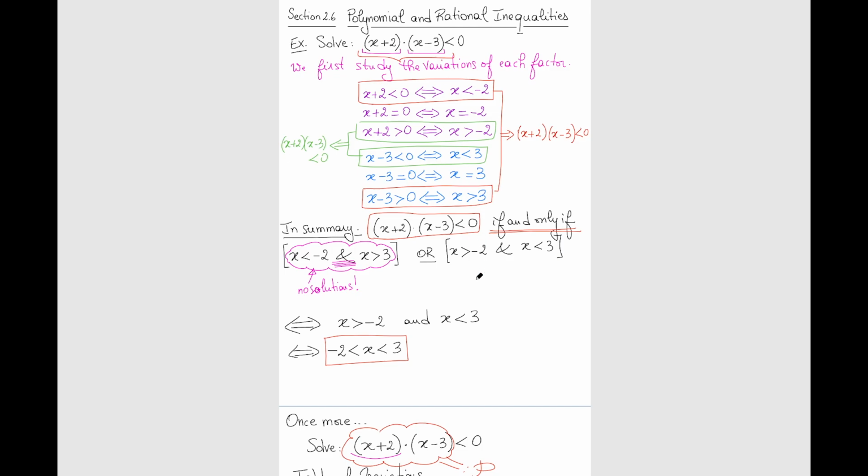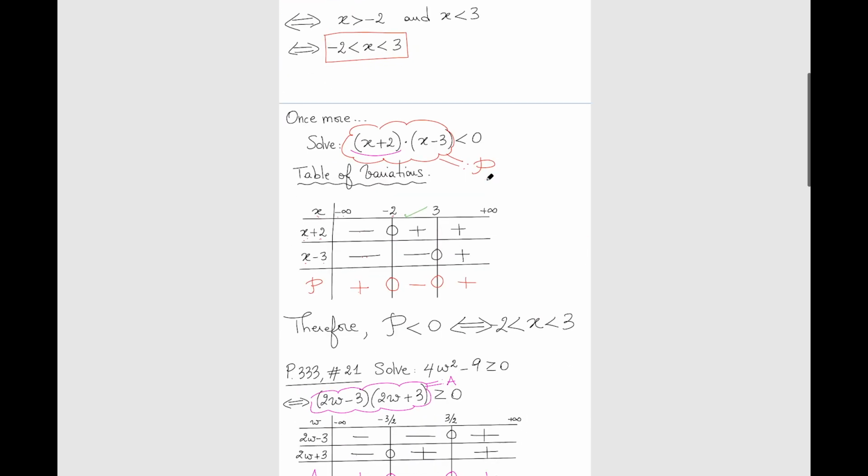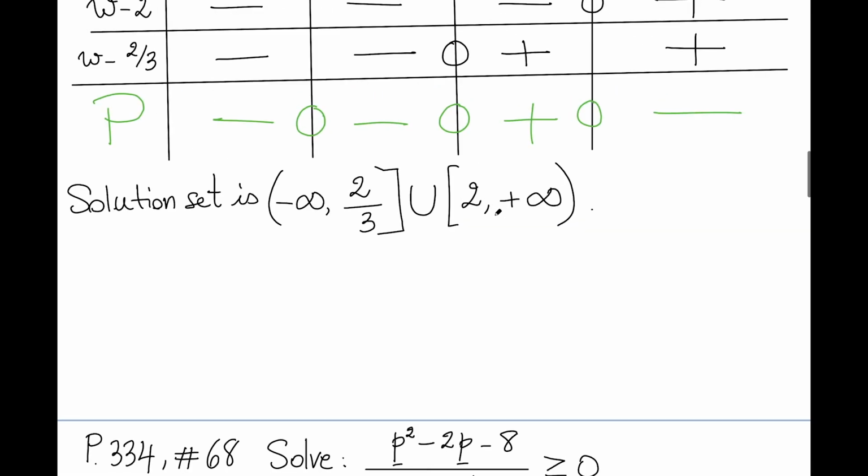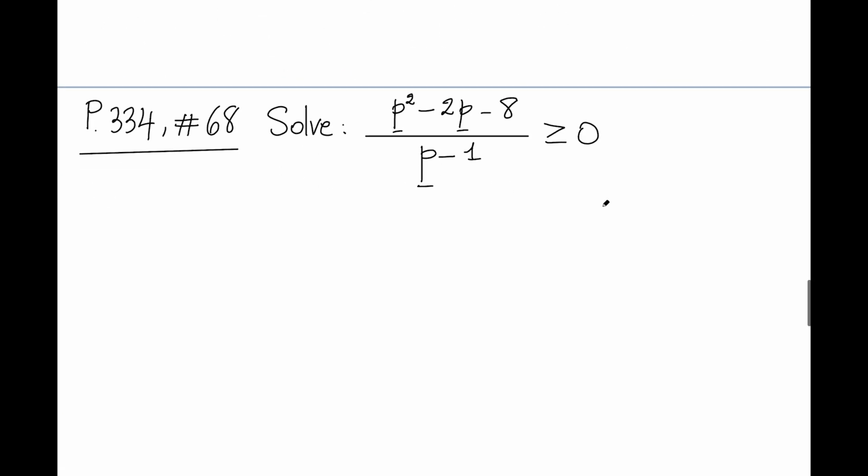And the same thing we can inherit, the same analysis, if we want to understand the sign of a quotient. The same thing applies. If you want to understand the sign of the quotient, try to understand the sign of the numerator and the sign of the denominator, and then deduce the sign of the quotient. So let's start applying this line of reasoning to quotients. Let's go to number 68 on page 334. This is the question.